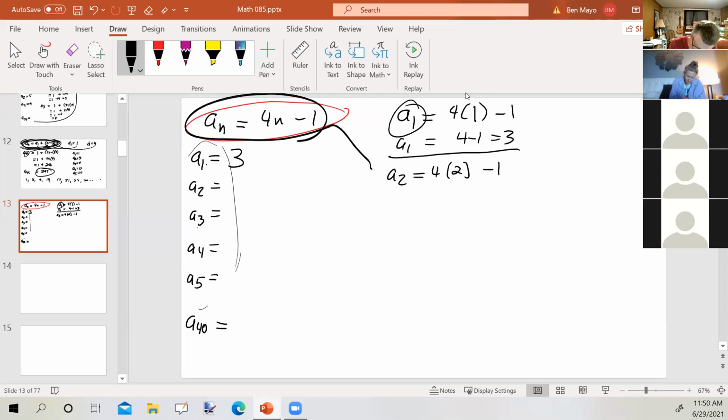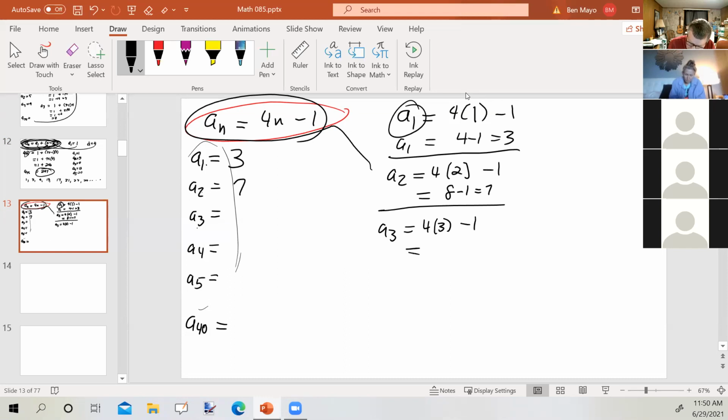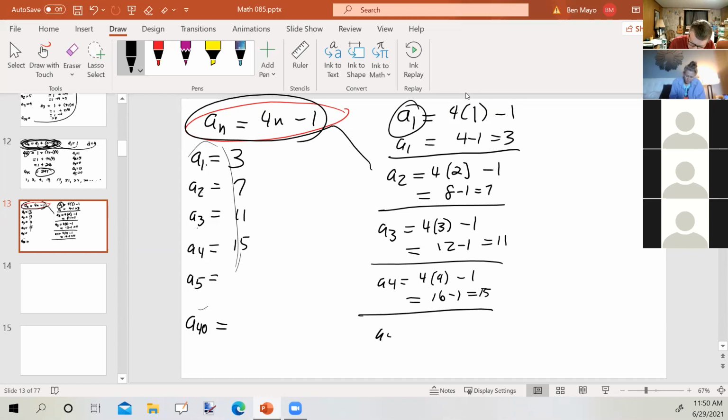Again, I'm looking at this formula, which is 8 minus 1 or 7. a sub 3 is 4n minus 1, but n now is 3, which is 12 minus 1 or 11. a sub 4 is 4 times n, or 4 times 4 minus 1, 16 minus 1, which is 15. a sub 5 is 4 times n, or 4 times 5 minus 1, or 20 minus 1, which is 19.